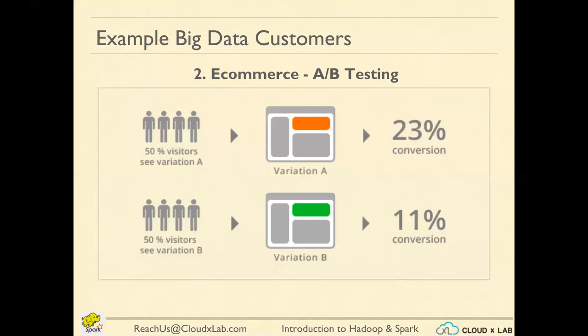Variation A is giving 23% conversion, while variation B is giving only 11%. So which one do you think is the better variation, A or B? I'm not sure about the colors.